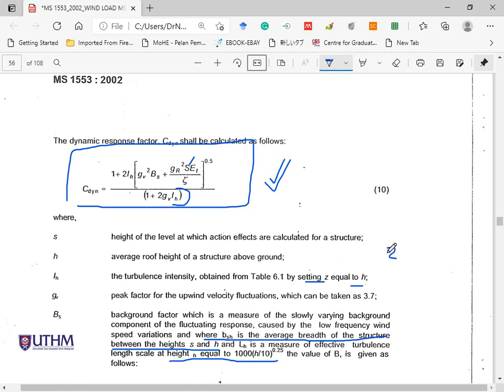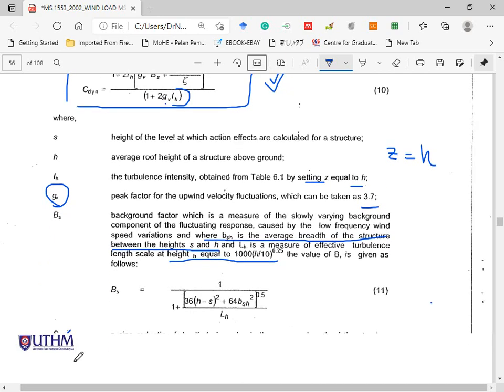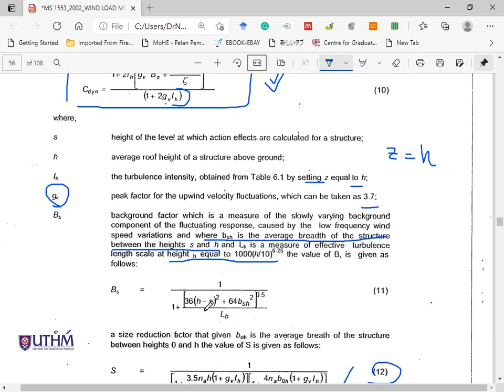Z, nanti saya terangkan. And the Gv here is the peak factor for the upwind velocity fluctuation, so no need to worry about Gv. We take it as 3.7. And the Bs here is the background factor, where the value for the Lh is 1000 h divided by 10.